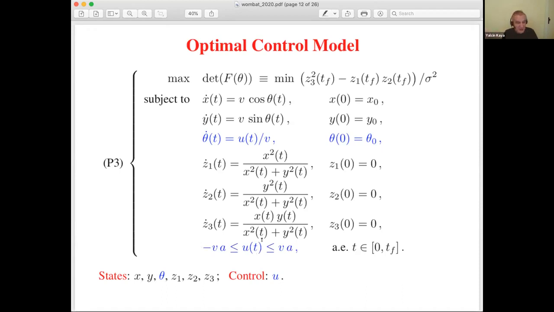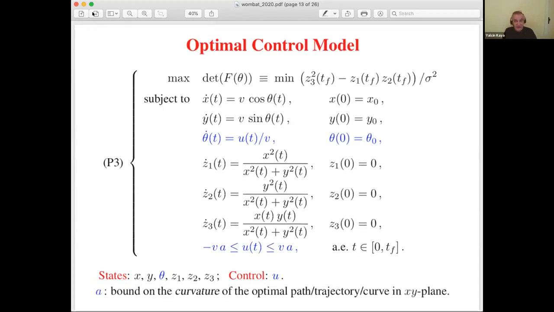And when we impose that here on u, I'm writing it in terms of the constant speed v, and a. Here a corresponds to the bound on the curvature of the optimal path that we have in the xy plane.